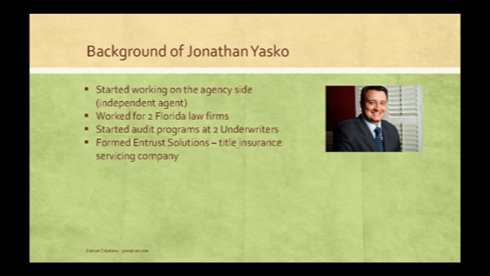I then moved on to Attorney's Title Insurance Fund, where I helped, along with a couple others, to start the audit program. And then I moved on to Southern Title, which was another title insurance underwriter. Then after Southern Title, I'm sure most are aware that Southern Title had a large defalcation from an agency that was canceled 3 years prior. I went out and started Entrust Solutions, which is a title insurance servicing company. So enough of that. Let's get started.